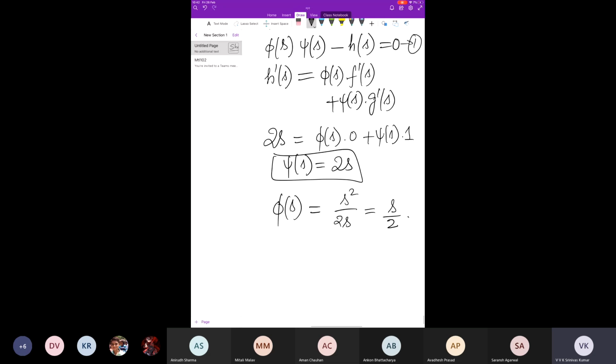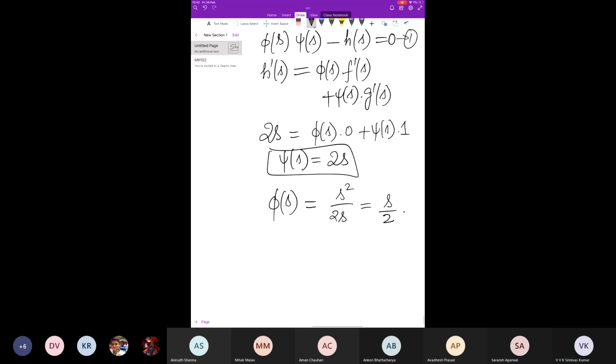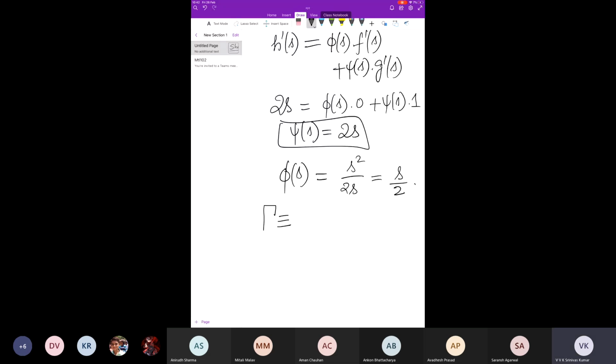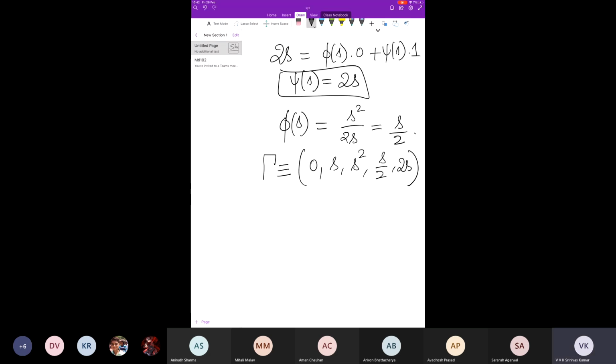Okay, this is s by 2. So these are the initial strip gamma, equal to 2s.